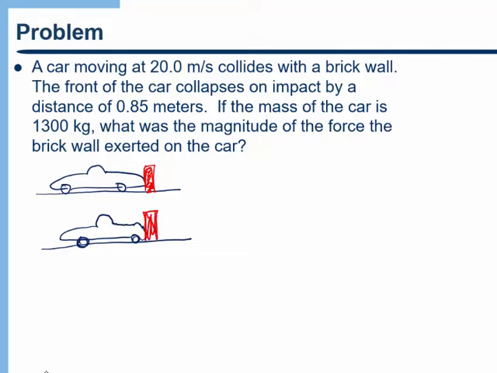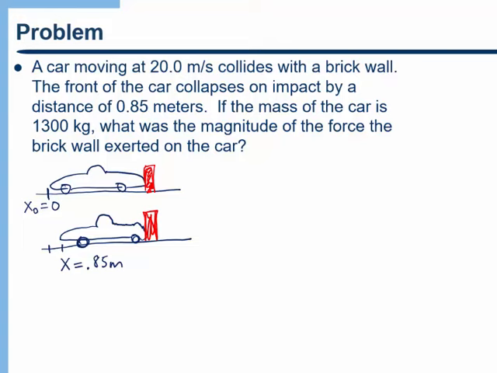And now I'm going to go ahead and label these diagrams. So I'm going to keep track of where the back of the car is. And I'm going to say x naught then is 0. That's where I'm going to set my origin. Notice that after the collision, the back of the car has moved a distance. And that is the 0.85 meters because the front of the car has collapsed by that amount.